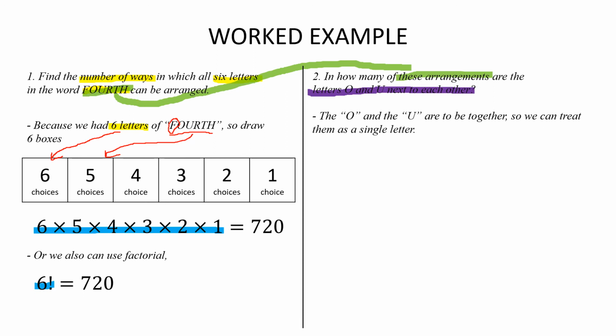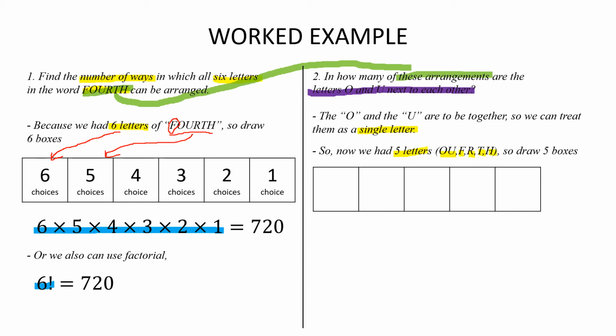So the O and U are to be together, so we can treat them as a single letter. Now we have 5 letters only: OU is 1, F is 2, R is 3, T is 4, and the last letter is 5. So we draw 5 boxes.